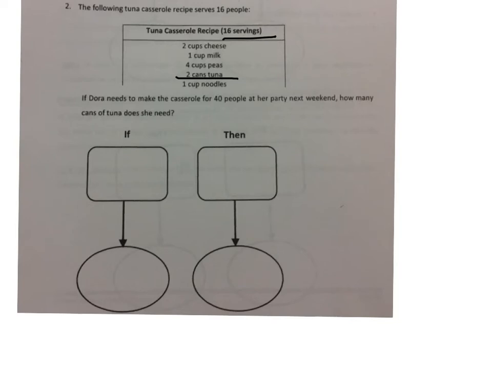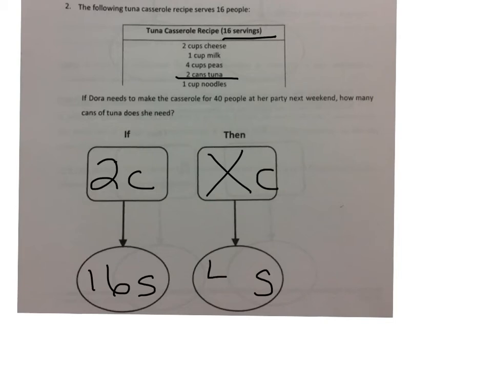So if you need 2 cans of tuna to serve 16 servings, now that I have the if part down, the rest is really easy because these labels have to match: cans, servings. We are asked for how many cans, that's where my X goes. The question's saying you want to serve 40 people, so that's going to go on the bottom.